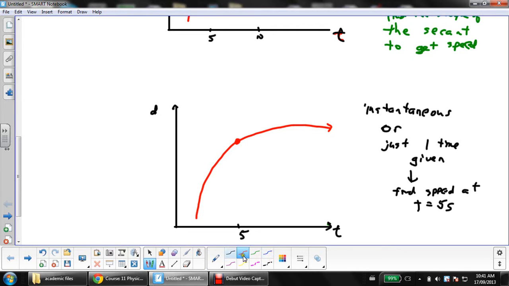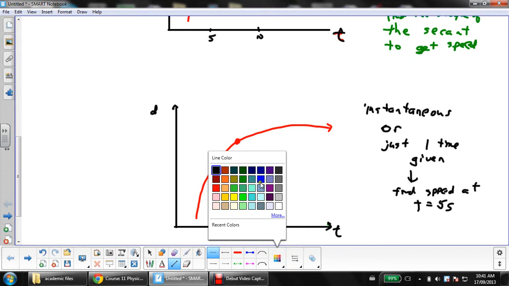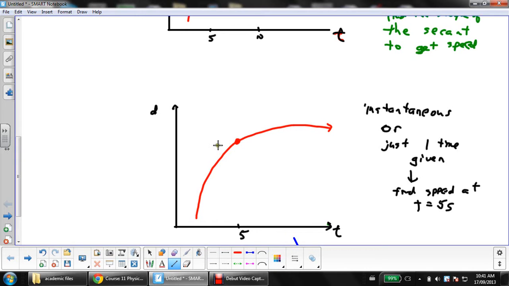So I'm going to get my line tool out. I guess I can make it blue like that. Oops. And I'm going to come over here and I'm going to try and draw a tangent. Tangent touches the curve at that point only once. So that looks like a pretty nice tangent.